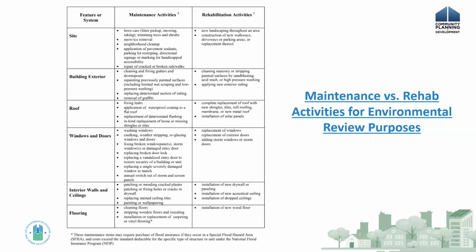So long story short, because these items have that asterisk, they require further review to determine whether they require flood insurance. They will need to be covered by a separate environmental review conducted by the responsible entity for the project to consider that specific location and circumstance.